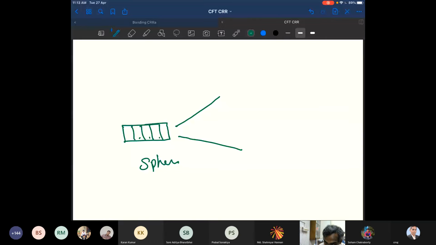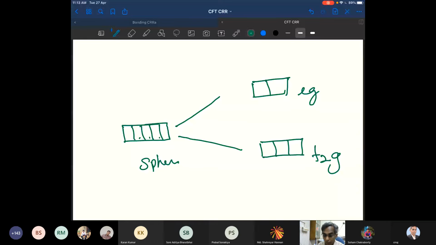Here goes the T2G, which is in between the axes. On the other hand, I have the EG orbital, which is along the axis.